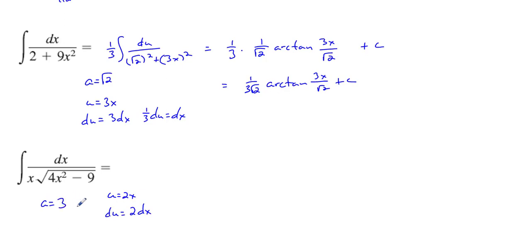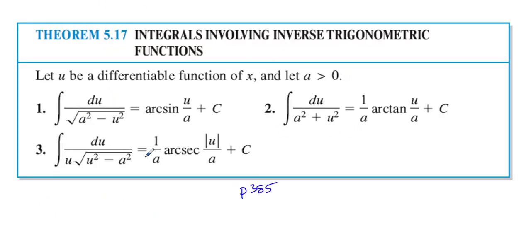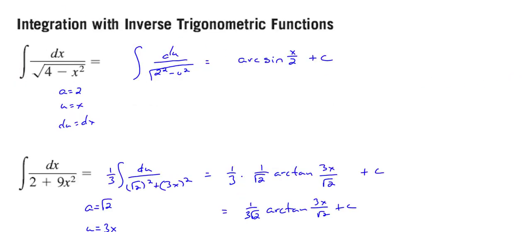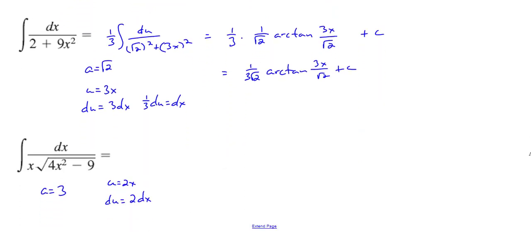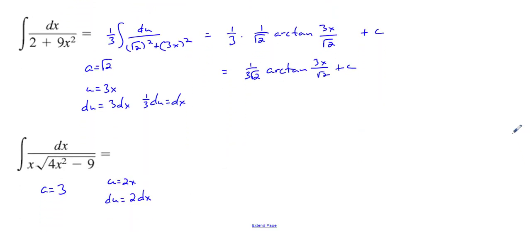Now, with our rules for the arc secant, this and this have to be the same, right? Okay, let's see what happens. So 1/2 du equals dx.